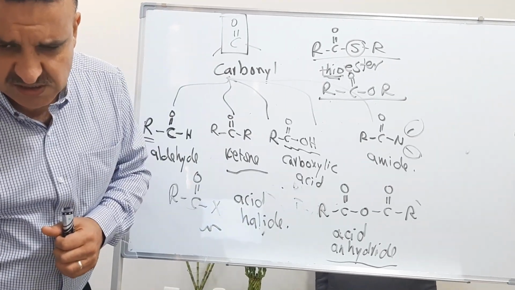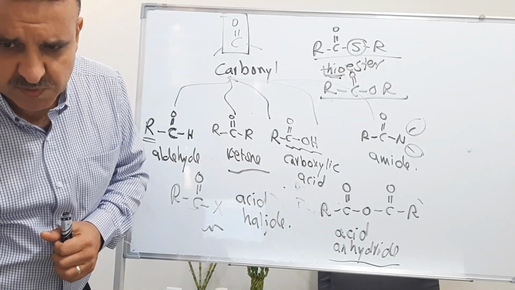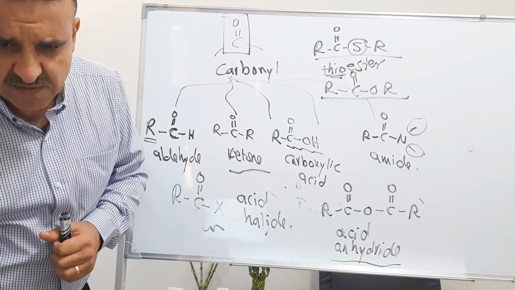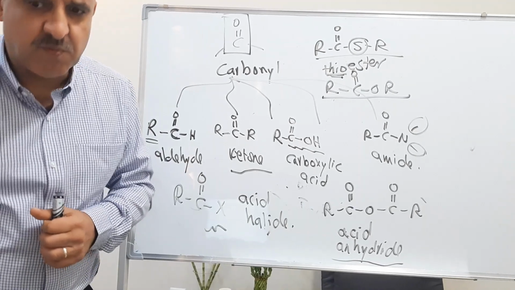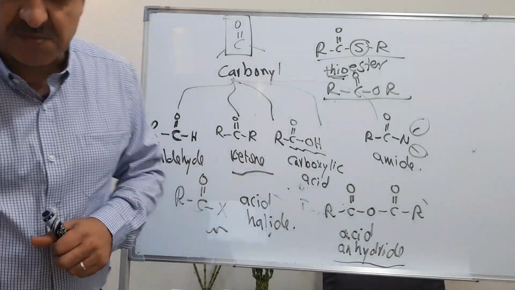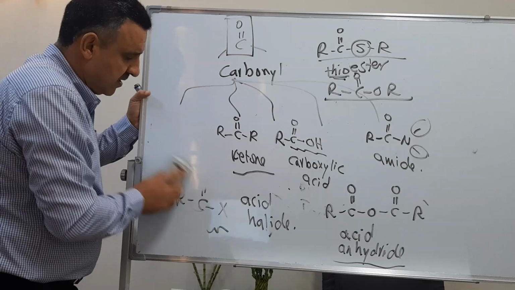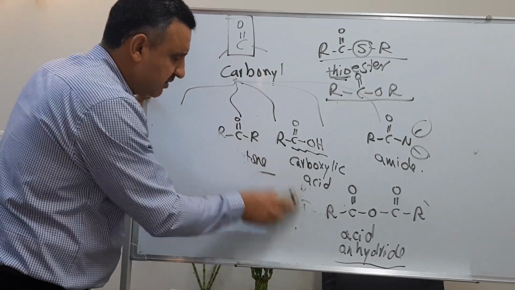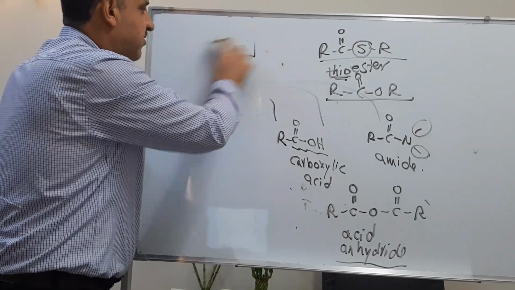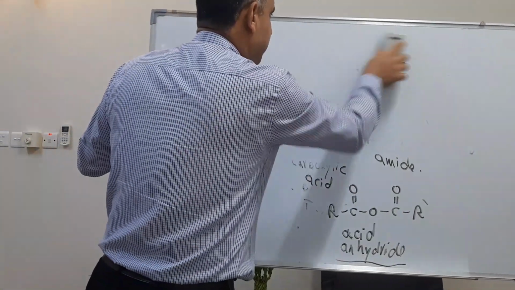So this is all about the functional groups and the types of functional groups which we have. And then if there is no further question, we'll move to another phenomenon in organic chemistry, what we call isomers or isomerism. So if there is any question, please ask now before moving to isomers or isomerism in organic chemistry.